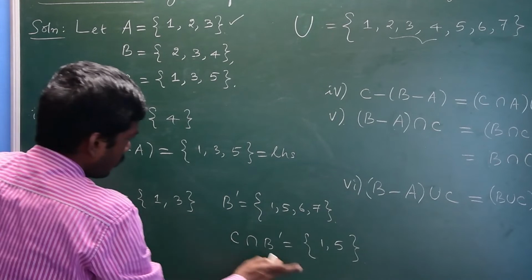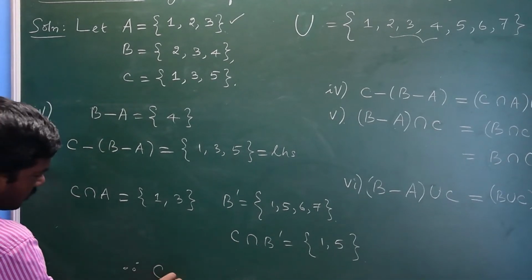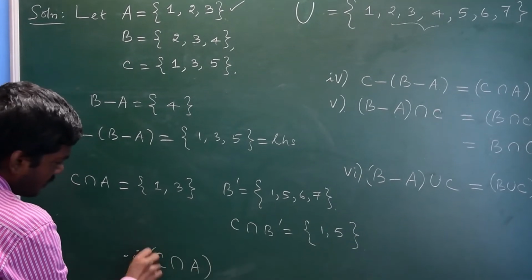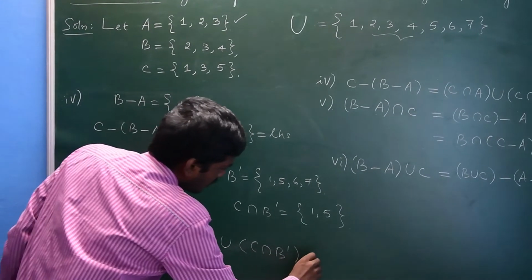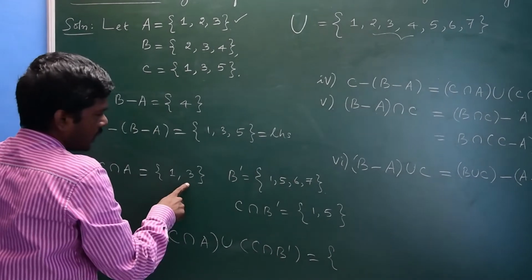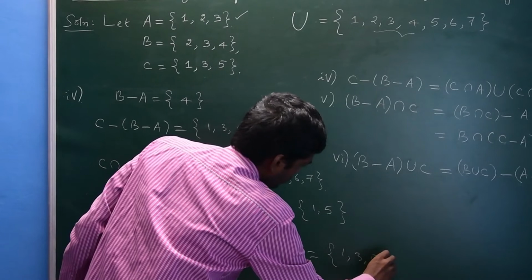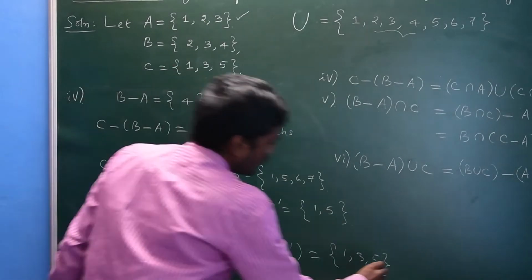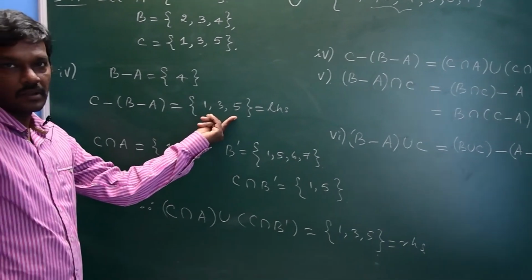Now you put the union for this. Therefore C intersection A union C intersection B complement is equal to, if you see, 1 3 5. So 1 comma 3 comma 5. And this coincides with what? This is our RHS. So here we have 135.